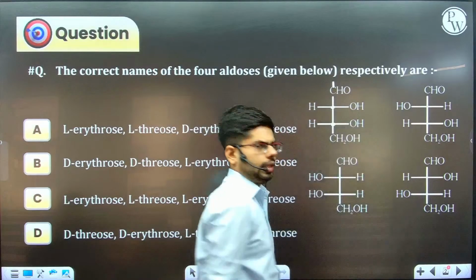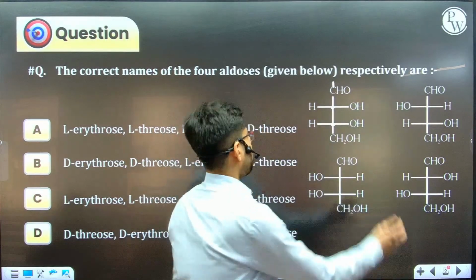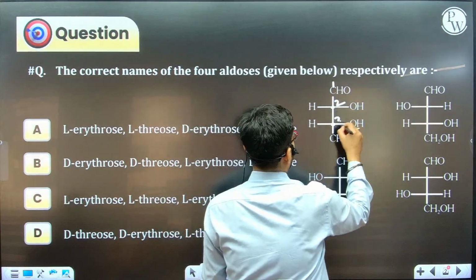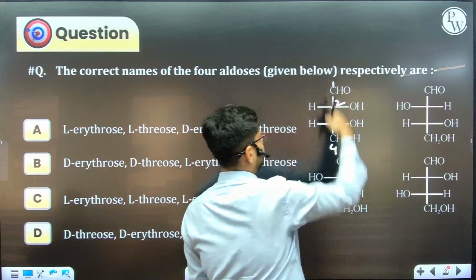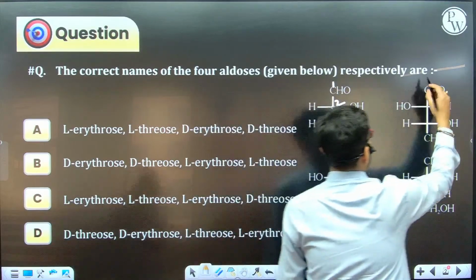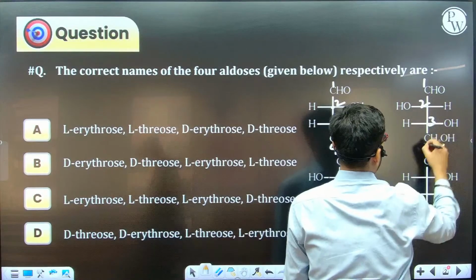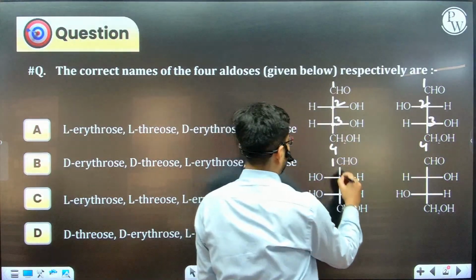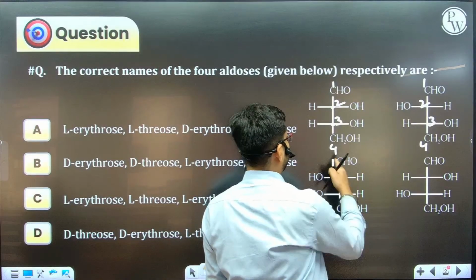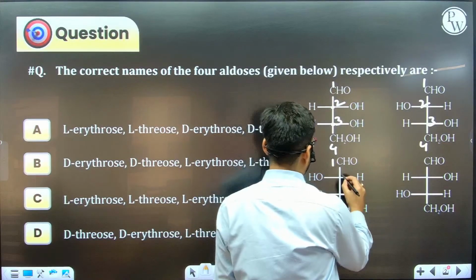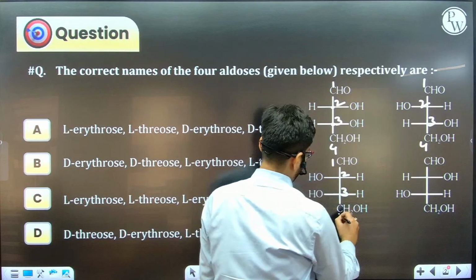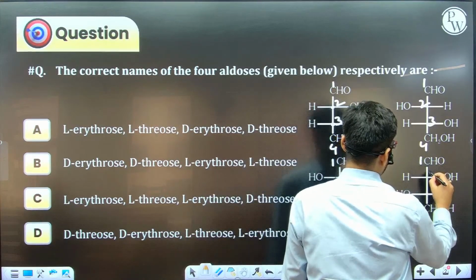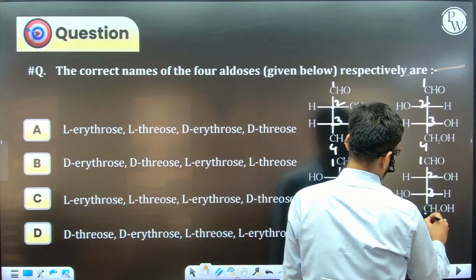That is, we are doing IUPAC numbering. The same way can be used here, which means the carbon of CHO has been numbered 1, right?